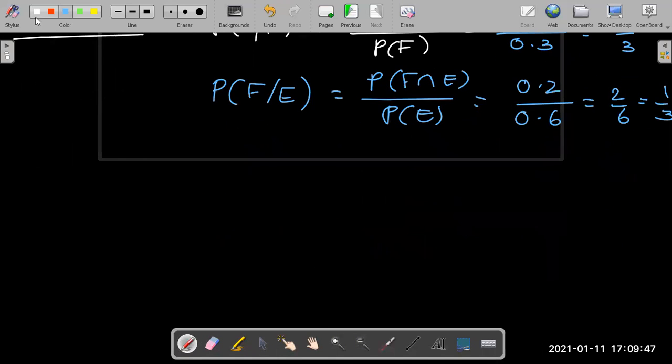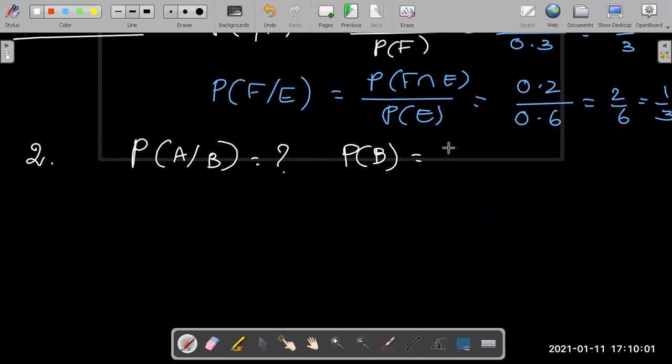Second question. Compute probability of A given B. Probability of B is given as 0.5 and probability of A intersection B is given as 0.32. So we use the same formula.